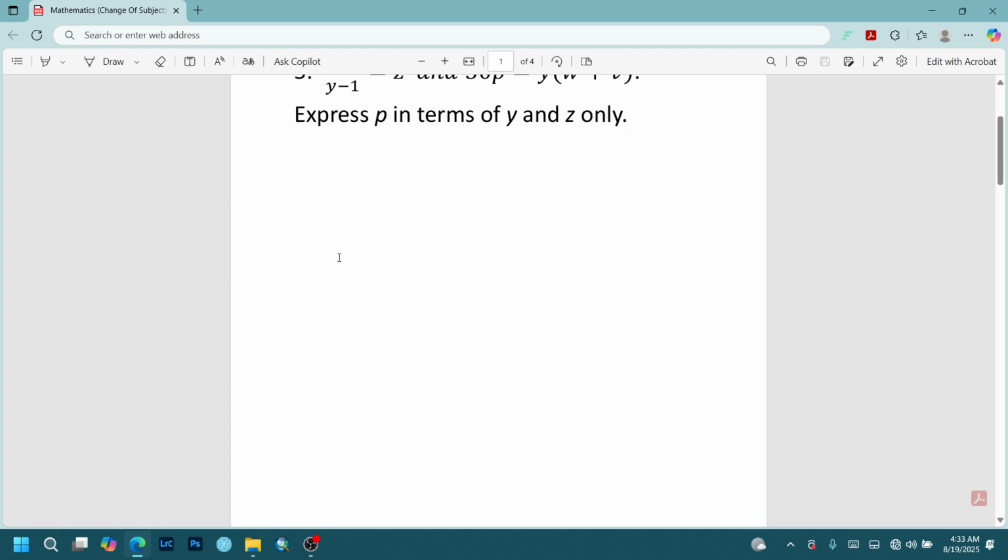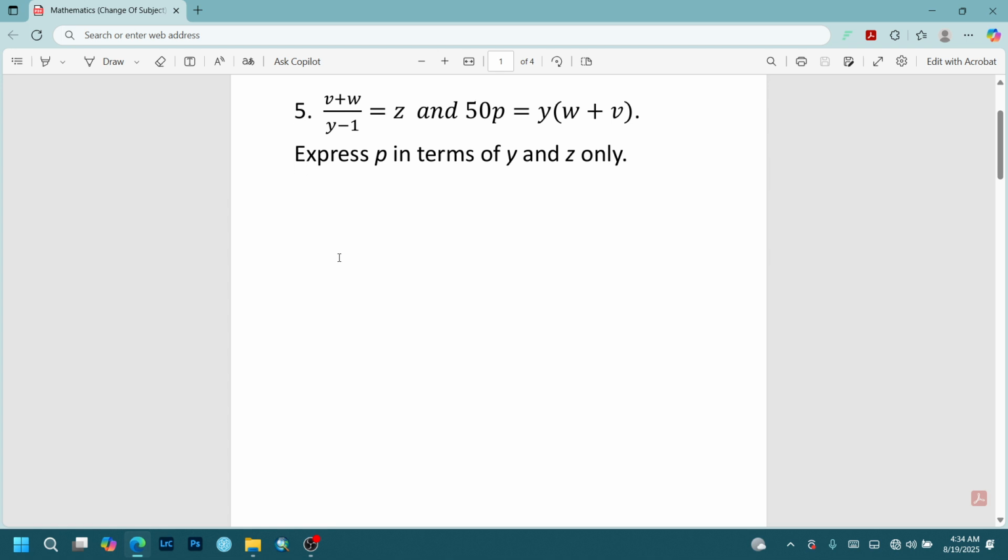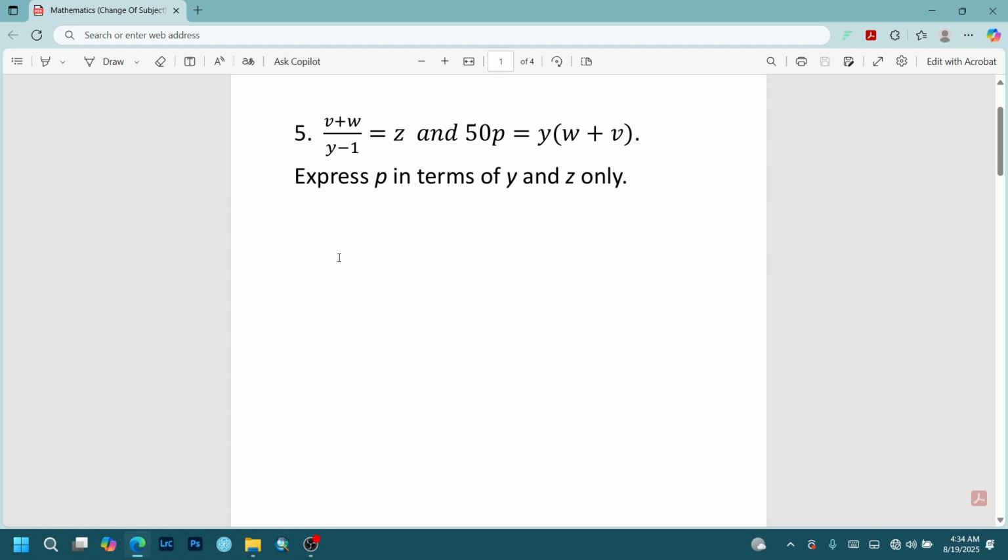So let's solve them one after the other. When you have two equations running concurrently, you solve one first before you insert the solution into the other one.